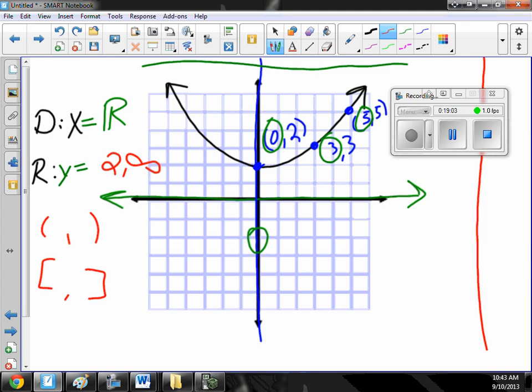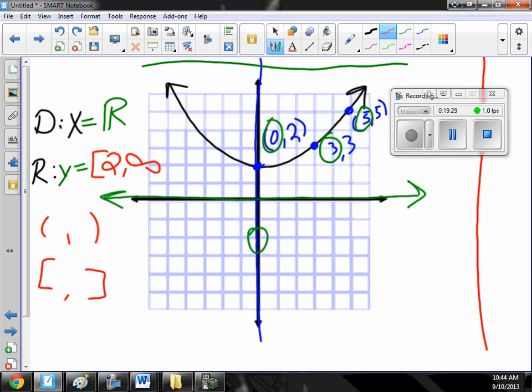So, is 2 part of the answer? Yes, 2 counts. So we put a bracket around it. Is infinity part of the answer? Well, can we ever actually reach it? No. Can we say infinity is right here on the graph? No. The crazy thing about infinity is the closer you get to it, the further it moves away from you.